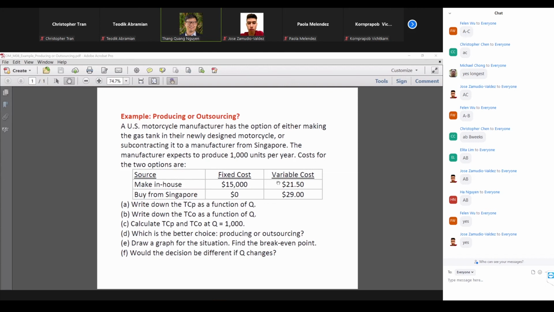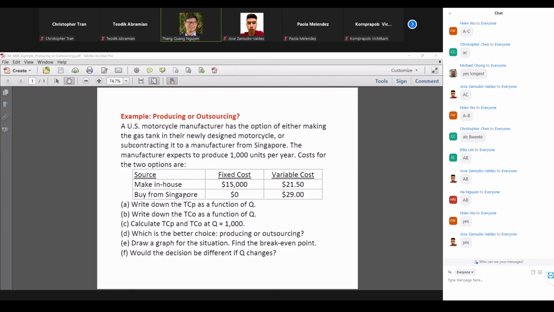And for each gas tank that they produce, it is going to cost them $21.5, right? So for the make in-house option, they will have to spend the fixed cost of $15,000, and for each gas tank, they will have to spend $21.5.